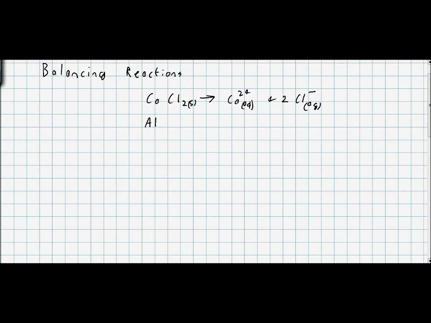We'll have aluminum chloride plus hydrogen gas will react to form aluminum as a solid plus hydrogen chloride gas.